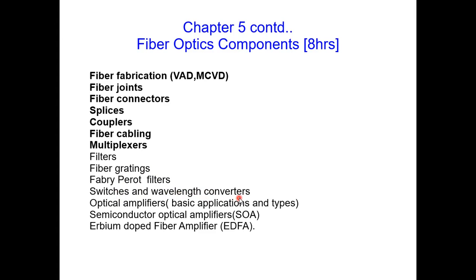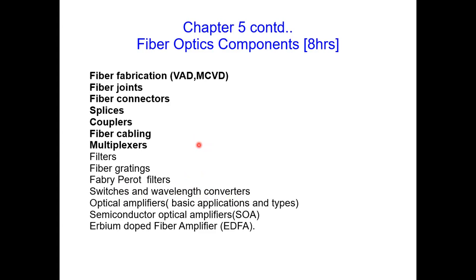Then wavelength converters. We have those three optical windows. 850 we usually don't use, because the losses are less in the others, so we go for the second optical window, that is 1310 and 1550 nanometer wavelength. Some operators are working at 1310 nanometer and some operators, with their components or vendors, are working at 1550 nanometer.